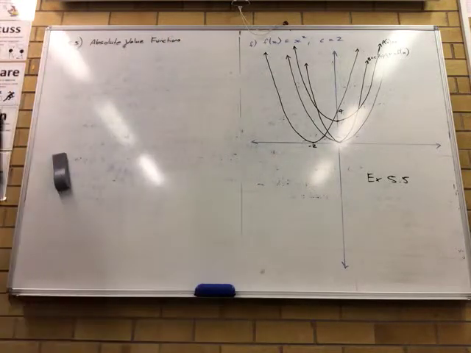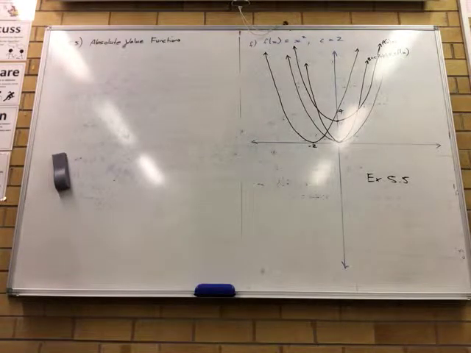Okay, so way back in term 1, we looked at absolute values and what the definition is. So now we're going to incorporate those and see what the graphs look like. So the graphs of absolute value functions are V-shaped.